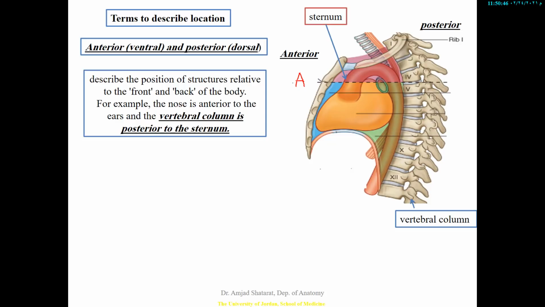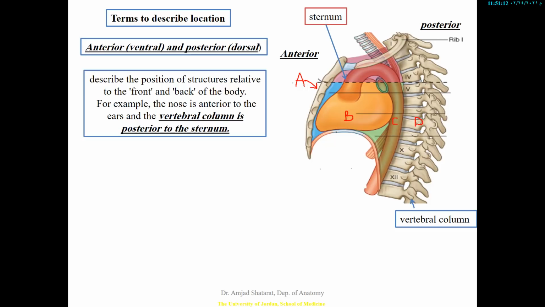Suppose this is the sternum, and by the way, we are looking at a sagittal plane depicting the vertebral column, the heart, which is going to be B here, C the descending aorta, and D the vertebral column.